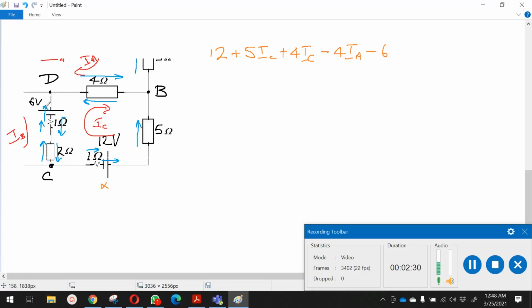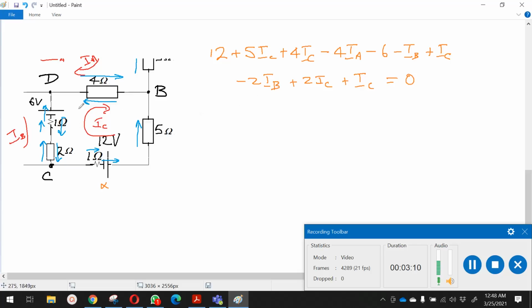We're going against that arrow, so it's a minus. It's minus 1 IB plus IC minus 2 IB plus 2 IC plus 1 IC, and we're back at the 12 volts. So that's equal to 0.